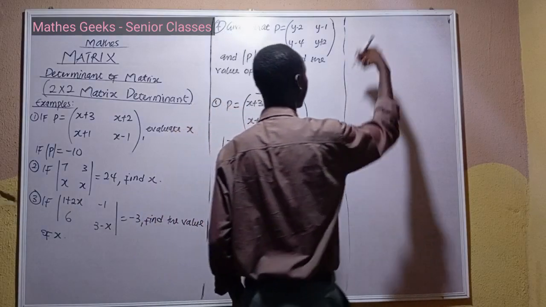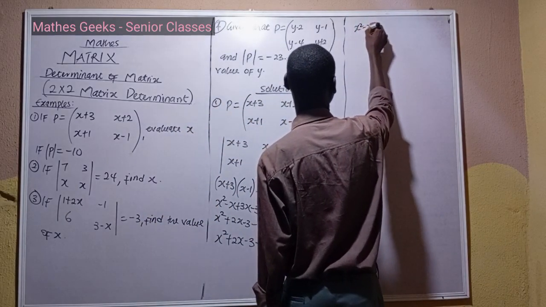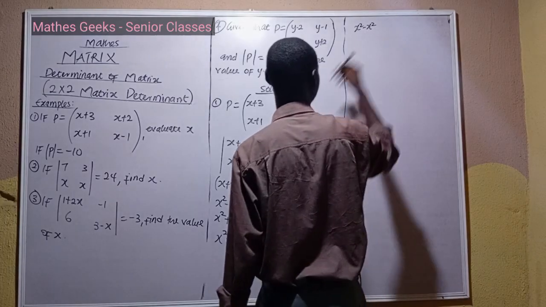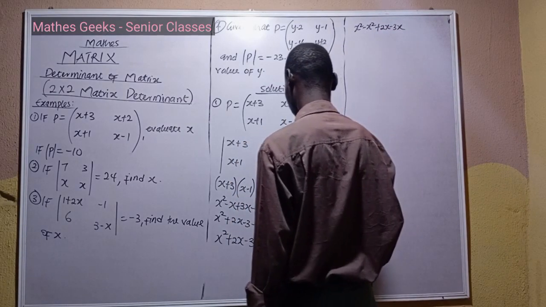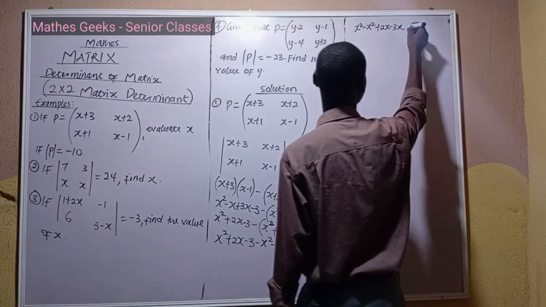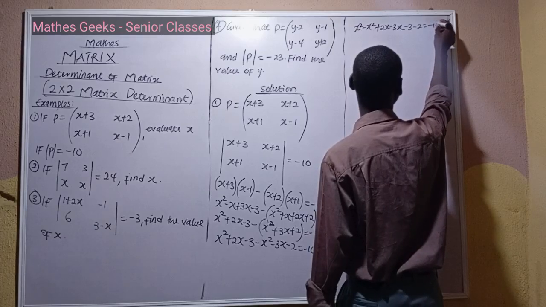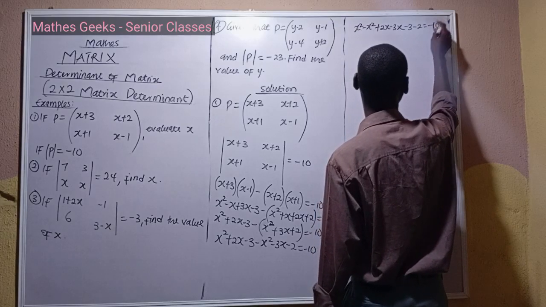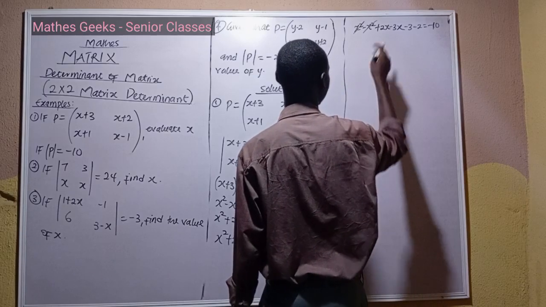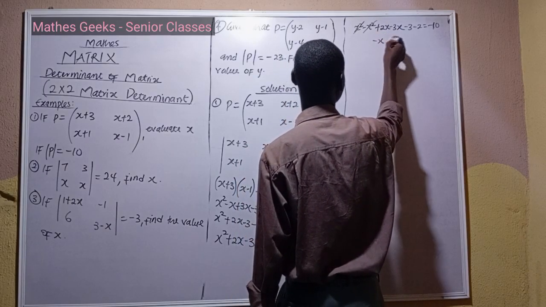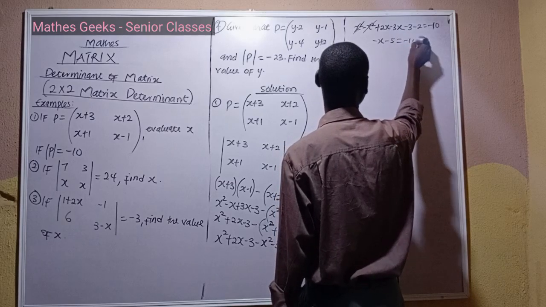So we collect like terms together. x squared minus x squared is 0, 2x minus 3x gives us minus x, and minus 3 minus 2 is minus 5, so it's still equal to minus 10.